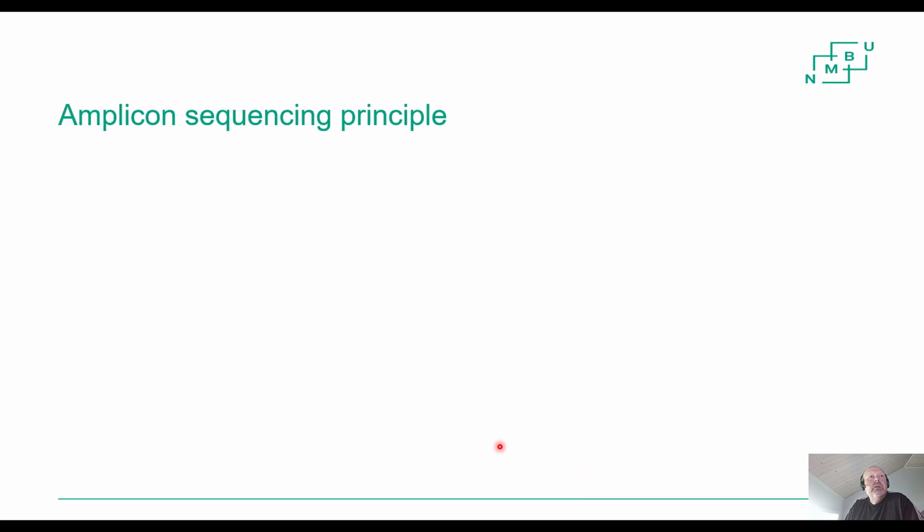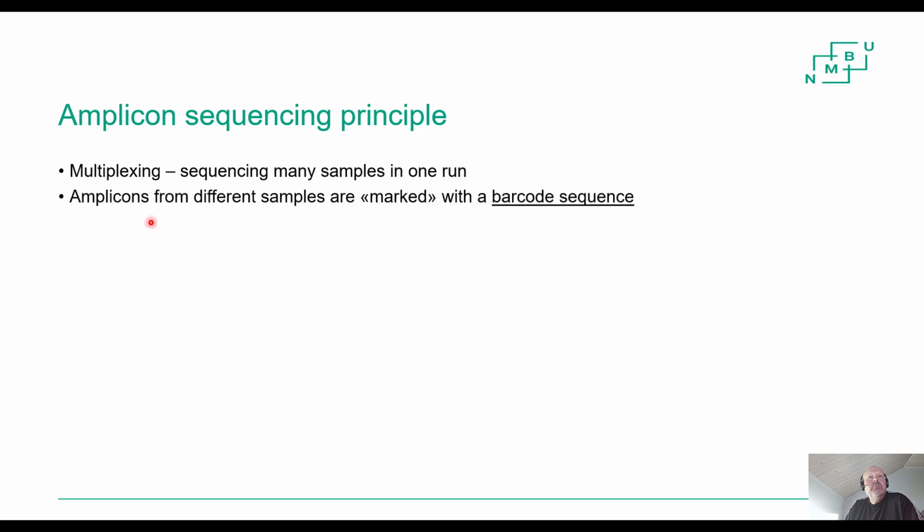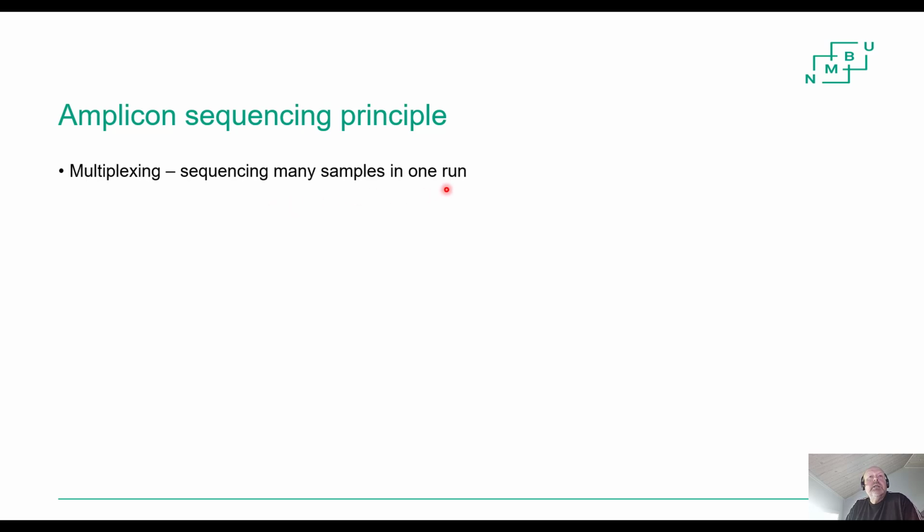Okay, amplicon sequencing principle. First of all, multiplexing is a phrase that you run across. What is this? It simply means sequencing many samples in one run, and this is done only for practical purposes. I should say a little bit first, why do we do this?